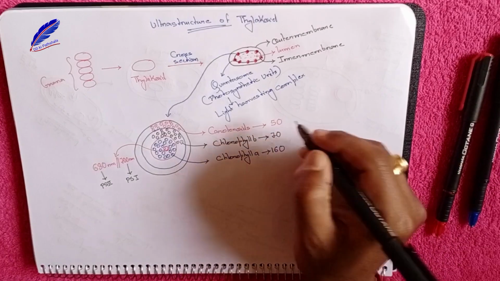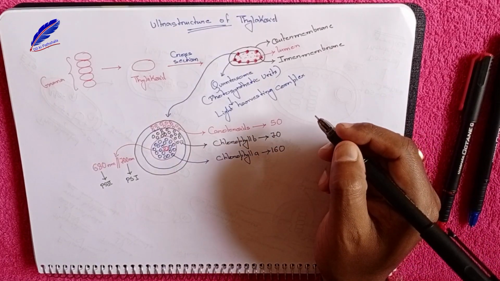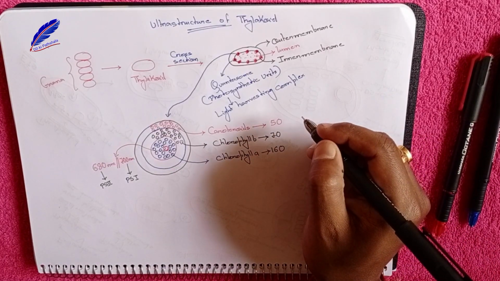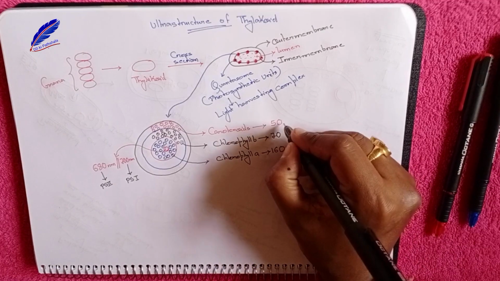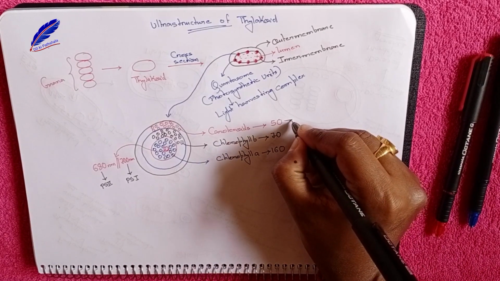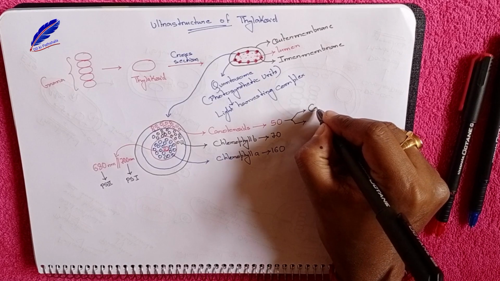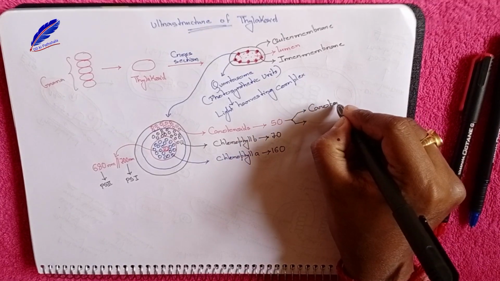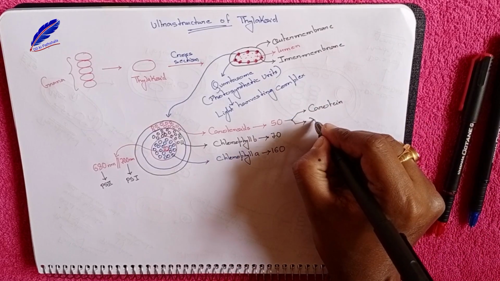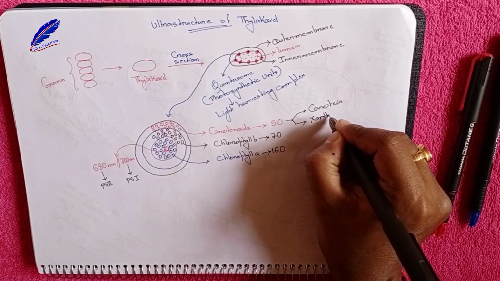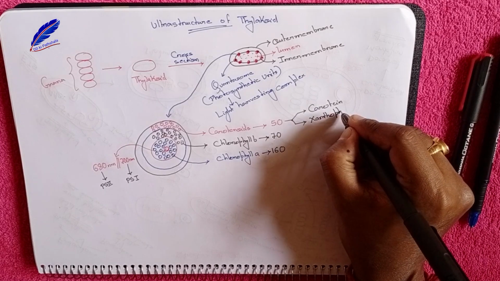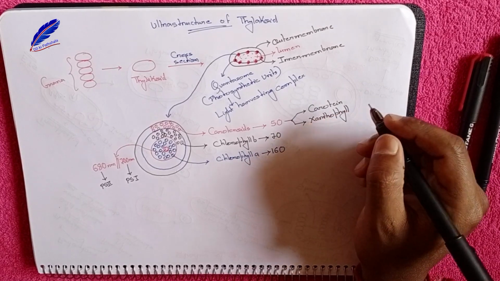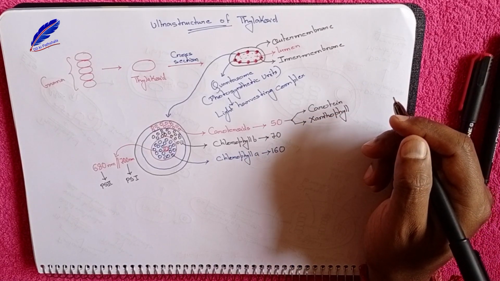So the carotenoids, which are present as the outermost layer in the quantasome, carry two types of pigment, carotene and xanthophyll.